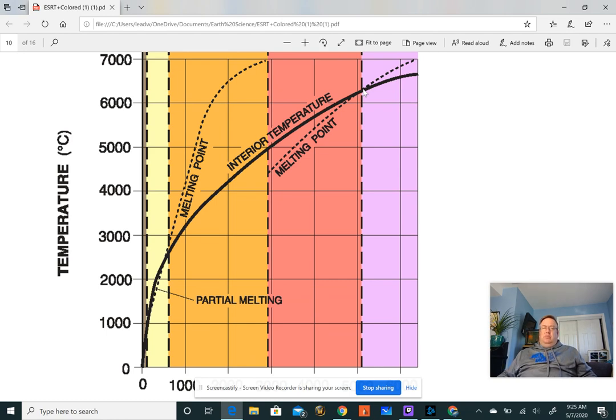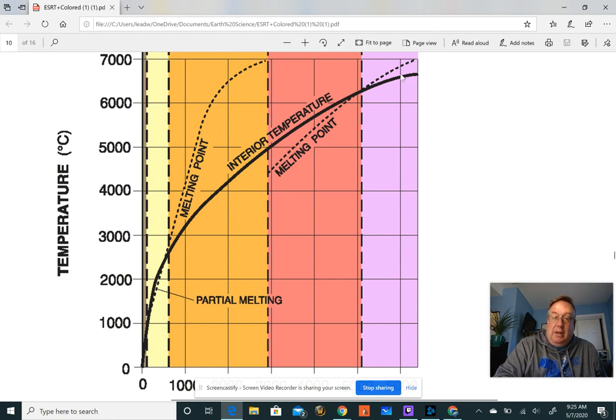So why is the inner core solid and the outer core liquid? Well, it has to do with the pressure. Okay, so you see this dotted line that's moving here that says melting point. Under normal conditions, as we go down, the melting point goes higher and higher and higher. Well, once we hit a certain depth, which is that depth between the inner and outer core, the melting point has now exceeded the temperature.